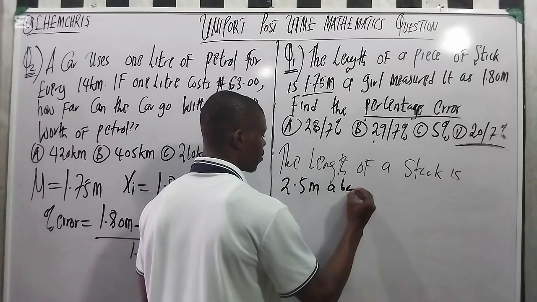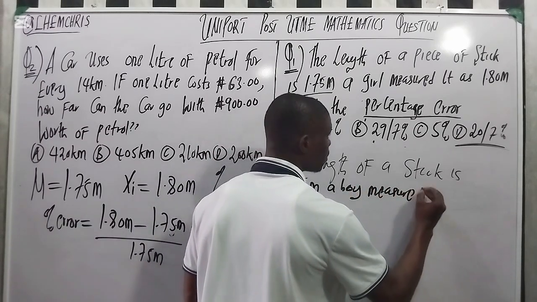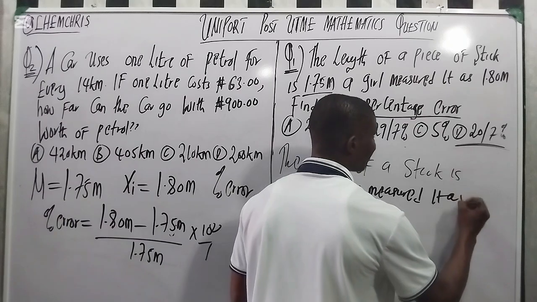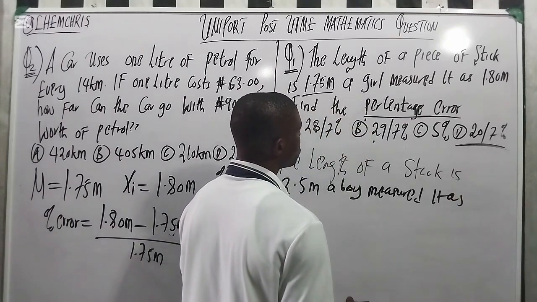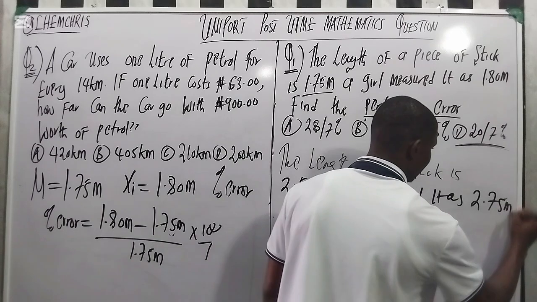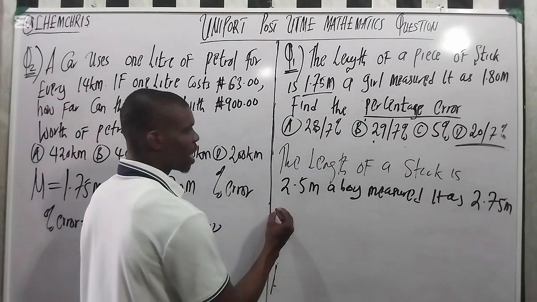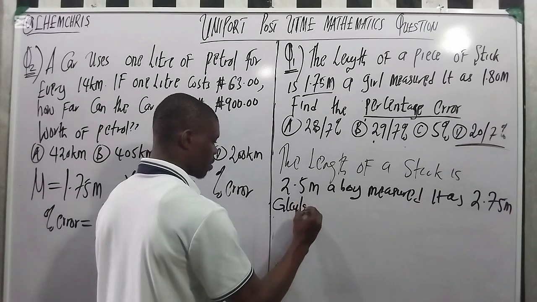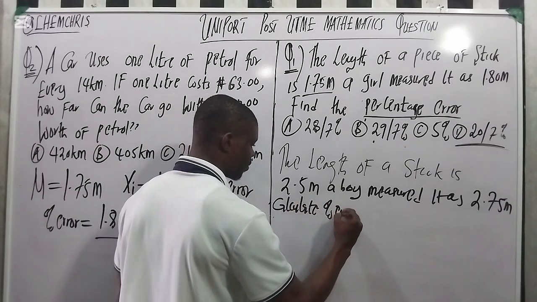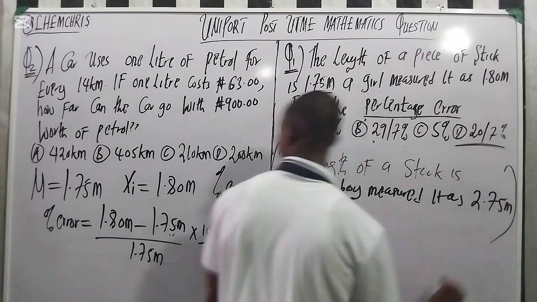A ball measures it as 2.75 meters. Calculate the percentage error. So please do it and leave the answer for me in the comment section here.